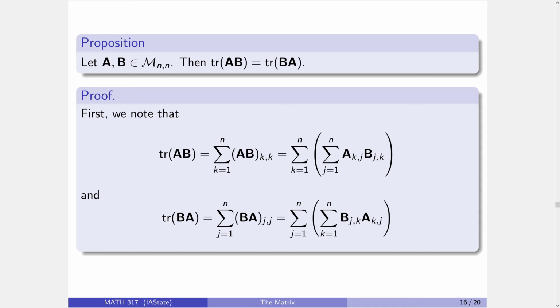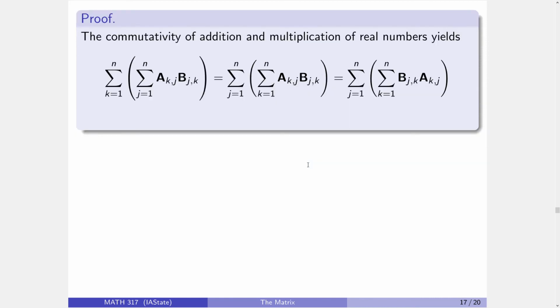Now, if you look at it, you'll see, oh, hey, A_JK, A_JK, B_JK, B_JK. The only difference between these two quantities right now is that the summation starts with J on the inside and has K on the outside. Well, good thing matrix multiplication is commutative, so you can swap the order. Good thing that, no, it's not. Good thing addition and multiplication of real numbers is commutative, so you can go ahead and swap the sigmas and get that the trace of A times B is the trace of B times A.